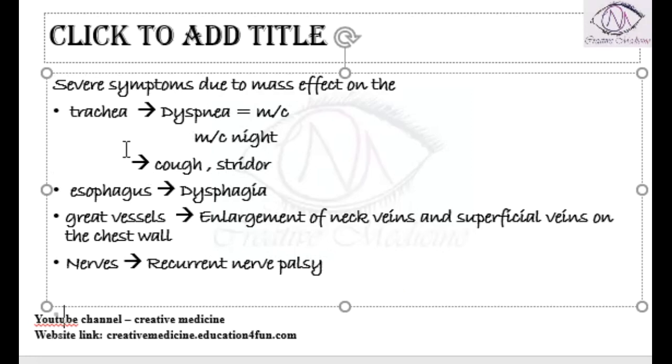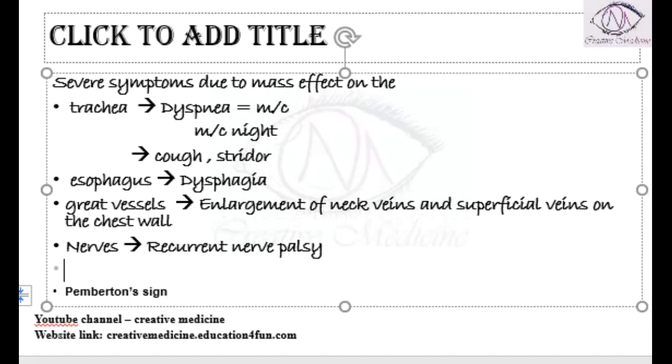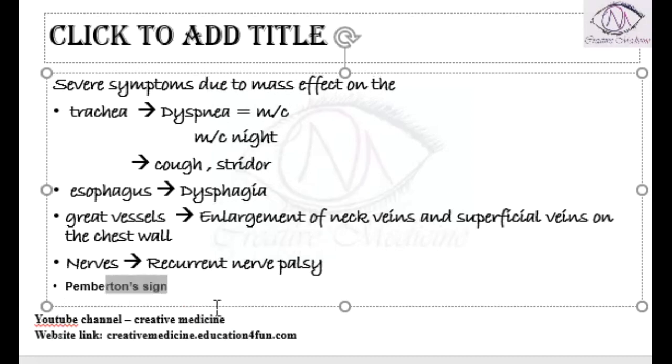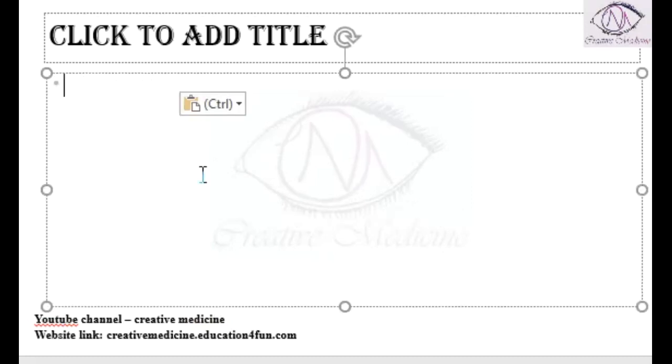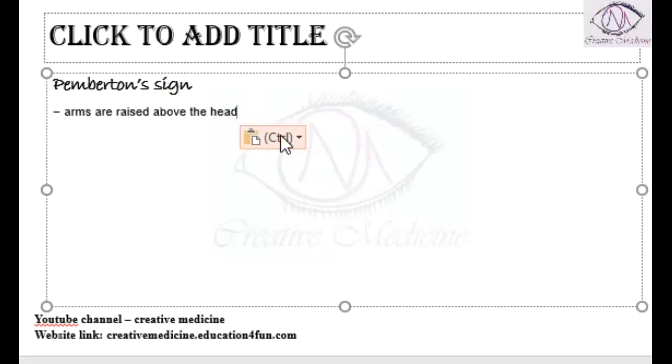In retrosternal goiter, there is a sign called Pemberton sign. This Pemberton sign is very important. Here you ask the person to raise the arms above the head.